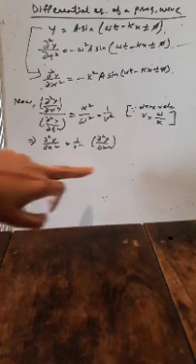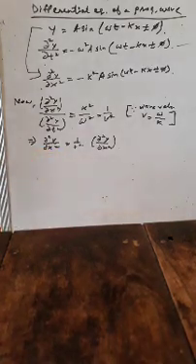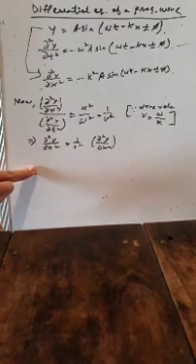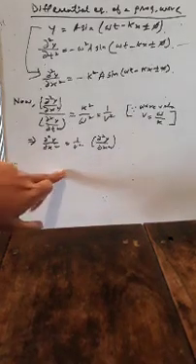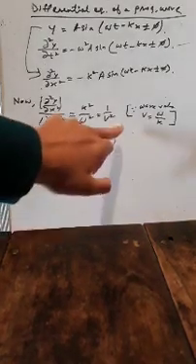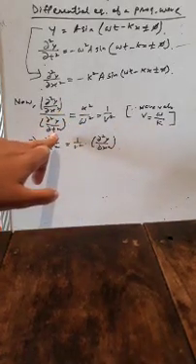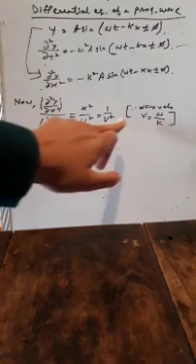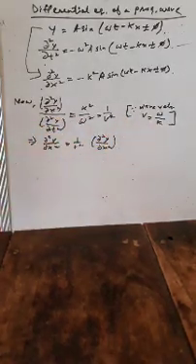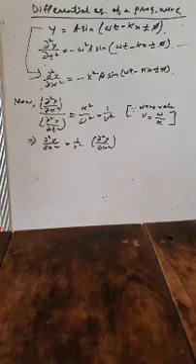So finally we have come to the end of this derivation. Del square y by del x square is in your LHS, and all other things, 1 by v square and del square y by del t square, move to the right. So this is your final equation. This is the differential equation of a progressive wave.